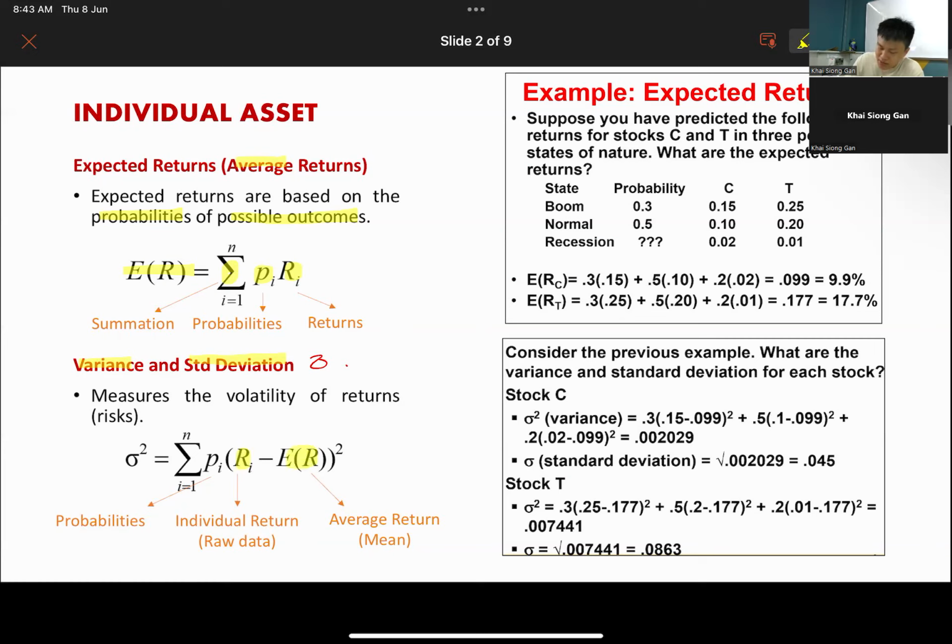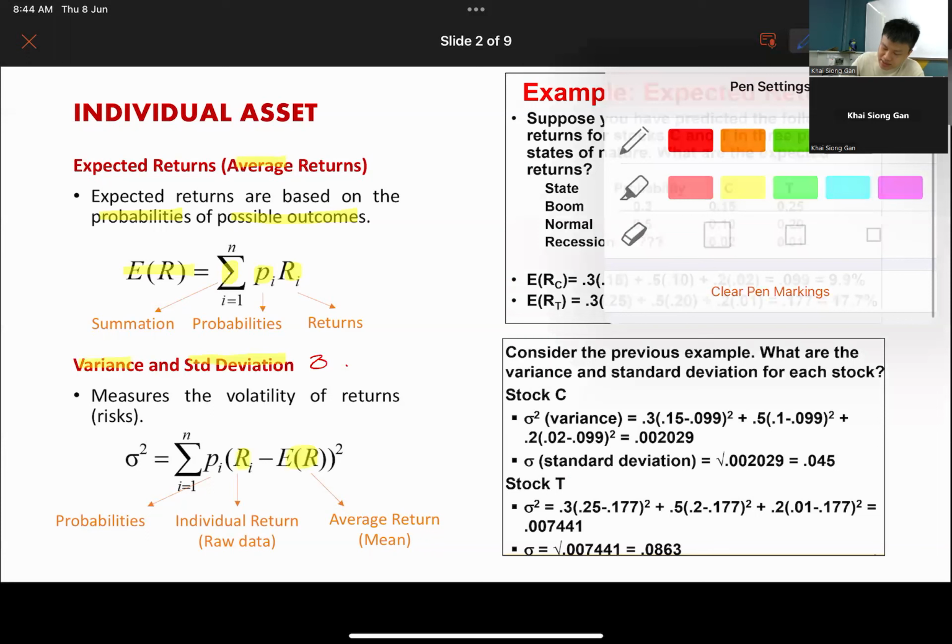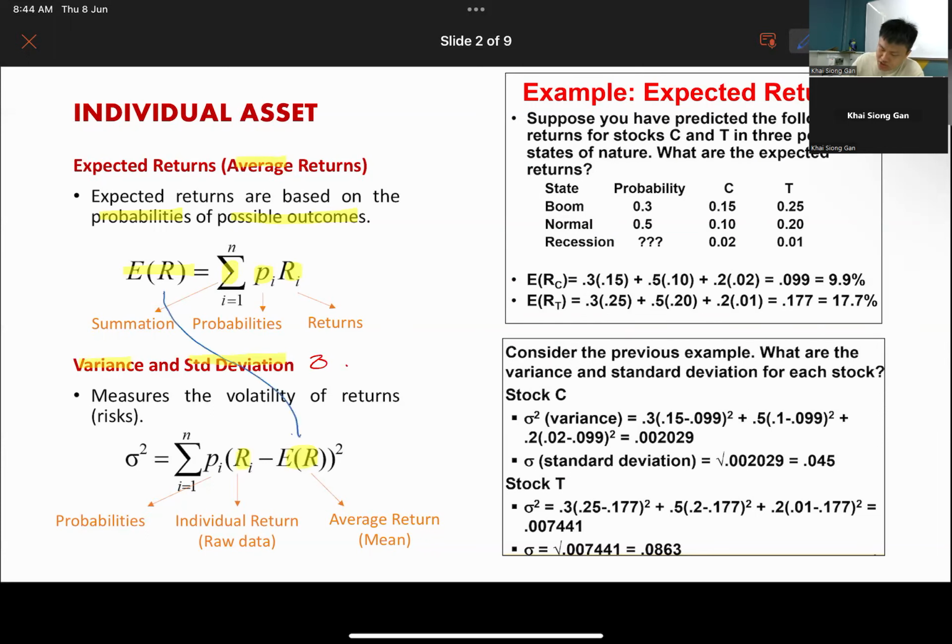Where do I get this expected return from? Expected return is from the calculation just now, and I compare the individual return with the average return that I just calculated, and then times the probability and take into account all the summation. That's how I get the variance, and then I square root it, I will get the standard deviation. So variance and standard deviation is for me to calculate the risk itself, to see the differentials between the returns that I earn as compared to the average return that I've calculated.